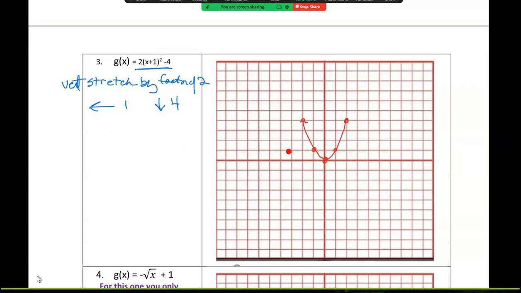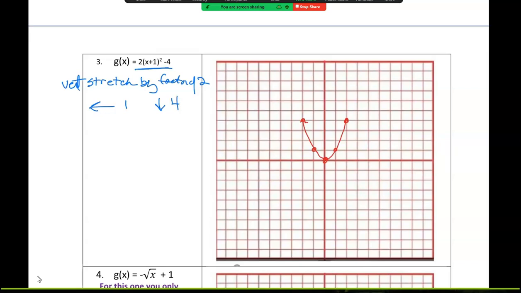If I move it to the left 1, that means this number is going to be here. So let's pick numbers that deal with that. Okay, so if I'm going to move to the left 1, what x is good to pick?